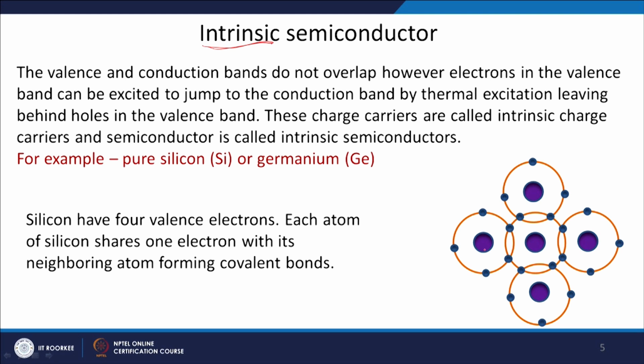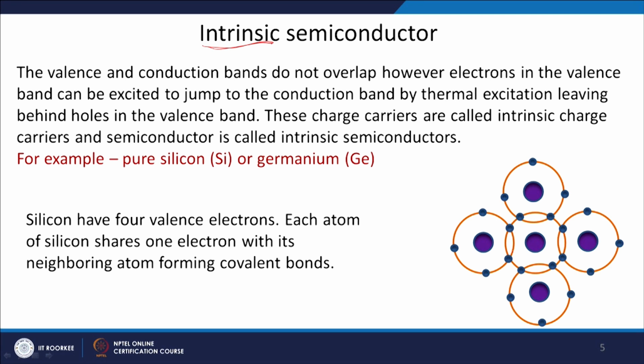Please remember that I am not showing the full atomic structure of silicon here, just the outer orbit. There will be 2 more orbits, which I am not showing right now, because it would complicate the whole schematic. I am only showing the outer valence shell, where the valence electrons are orbiting.